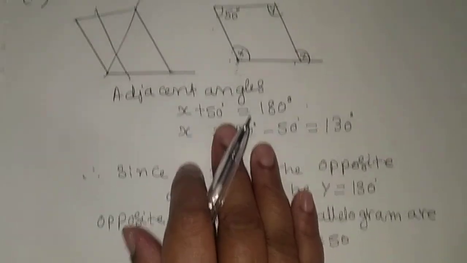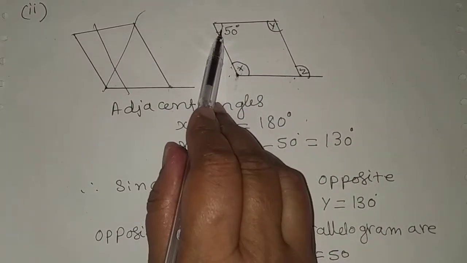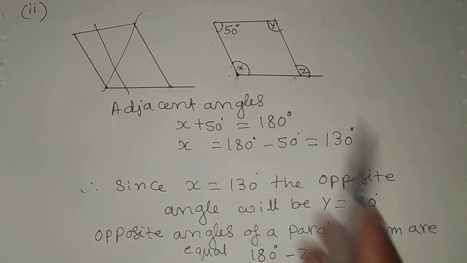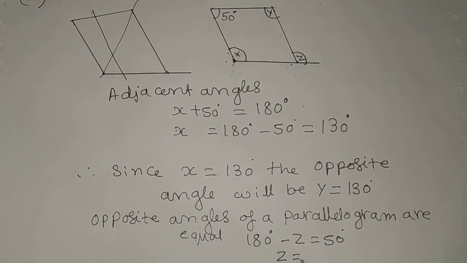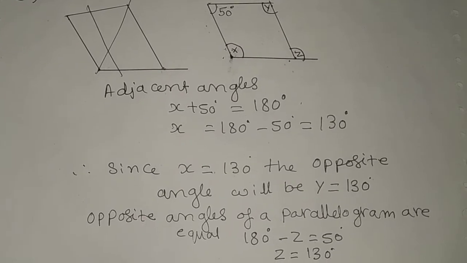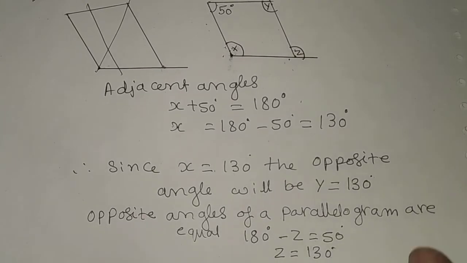Here, see here, this one is opposite to this one. Therefore 180 minus Z is equal to 50 degrees, where Z is equal to 130 degrees. So this is the solution for the second sub problem.